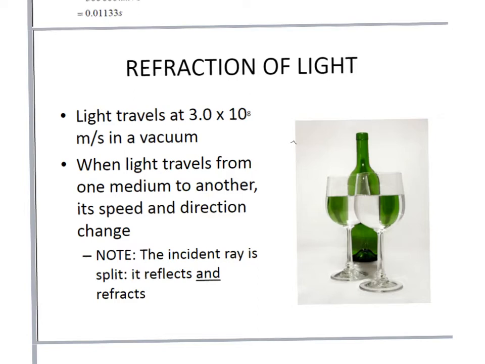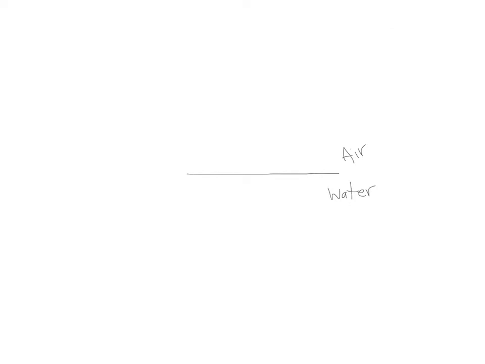Now we're going to start talking about refraction. Refraction is the bending of light as it moves from one medium to another. This bend is caused by a change in speed, but it's not a unilateral change in speed, and I'll show you why in a minute. So imagine this.